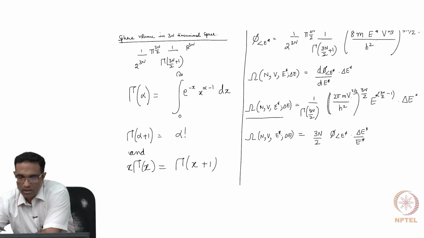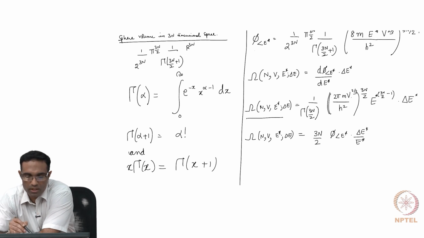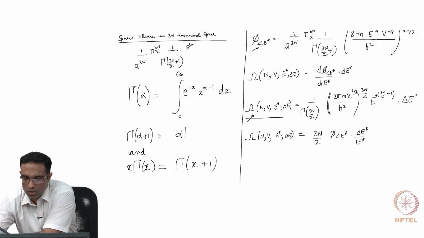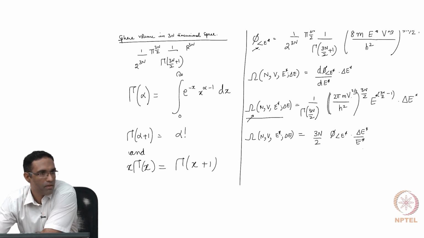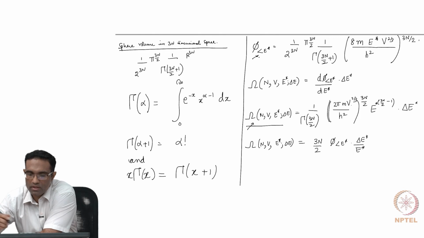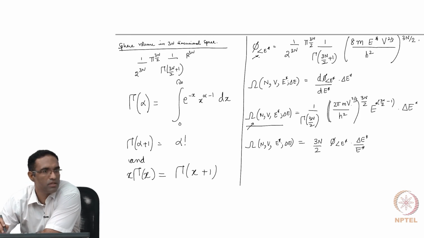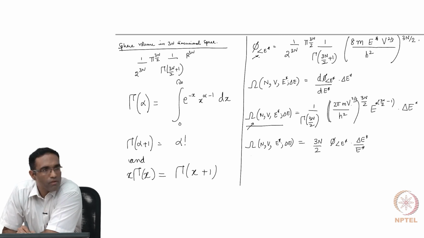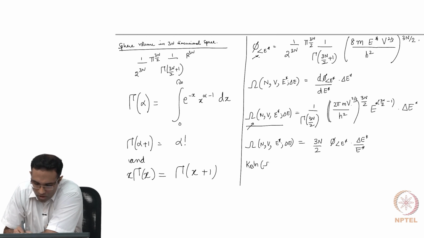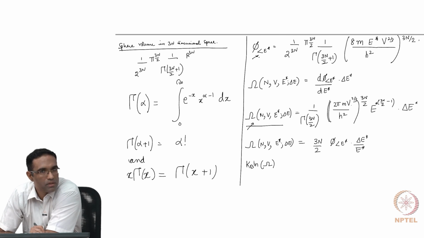If you compare this expression and this expression right here, you can actually show that this omega is nothing but 3N by 2 times this expression times delta E star by E star. If you are not convinced, you can just take the ratio and see for yourself that it will in fact be true. Now, when you want to calculate the thermodynamic quantity entropy, you would essentially do Kb ln of this quantity omega, right?